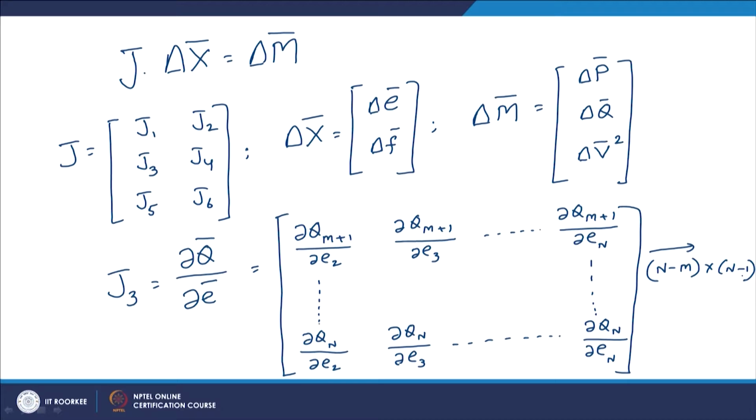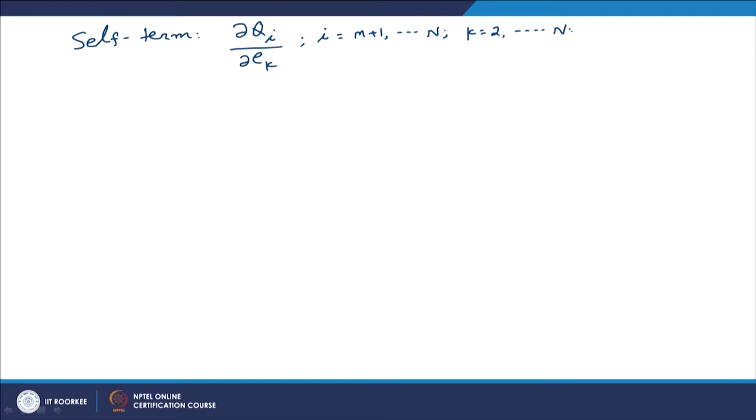So, then therefore, according to our own parlance, it will have something called self term, where it is delta Q I by delta E k for I varying from m plus 1 to n, k varying from 2 to n, and k is equal to I, and we say that it is non self term, it is again denoted as this delta Q I by delta E k.